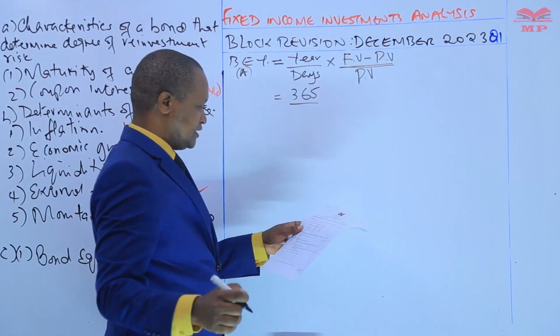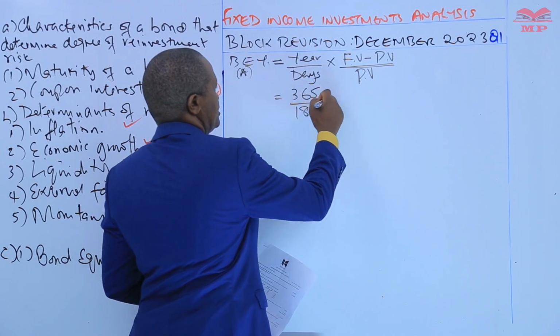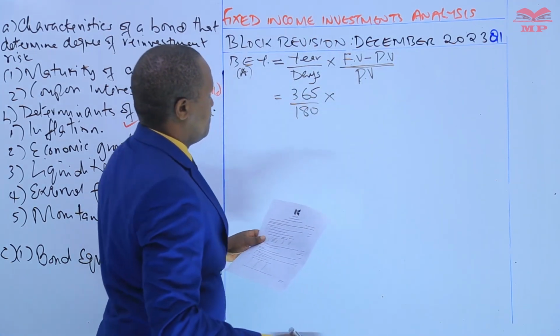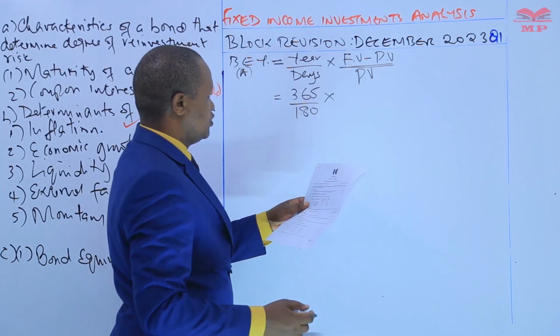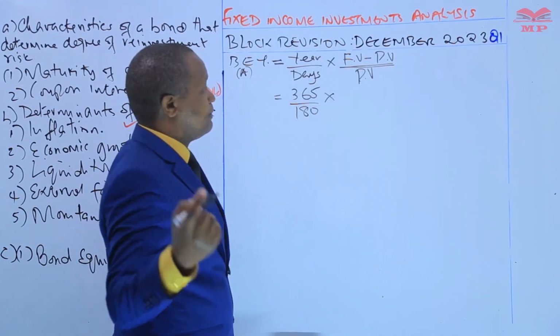Divided by the days. The first sentence reads, below is the information on a 180-day money instrument. So the days are 180. Then we multiply by the future value of this bond, which is the par value.